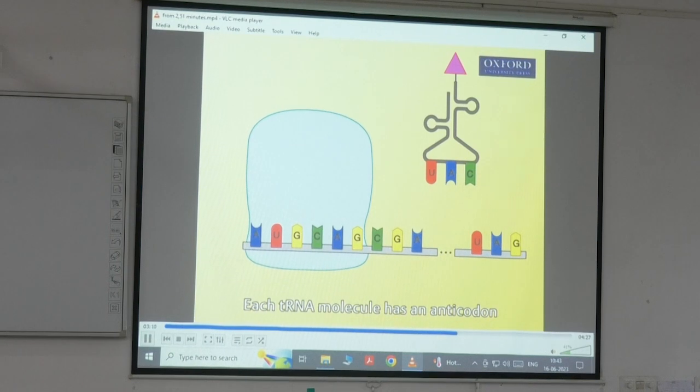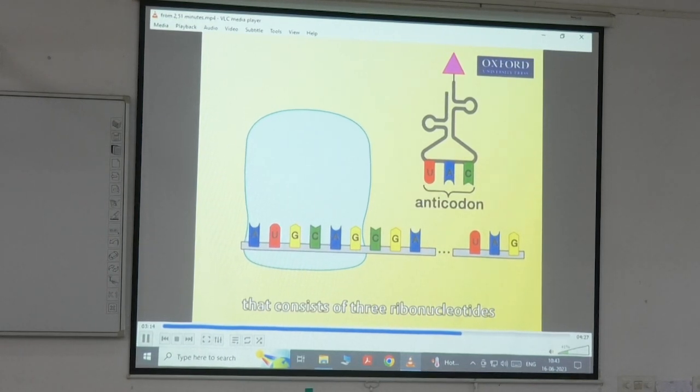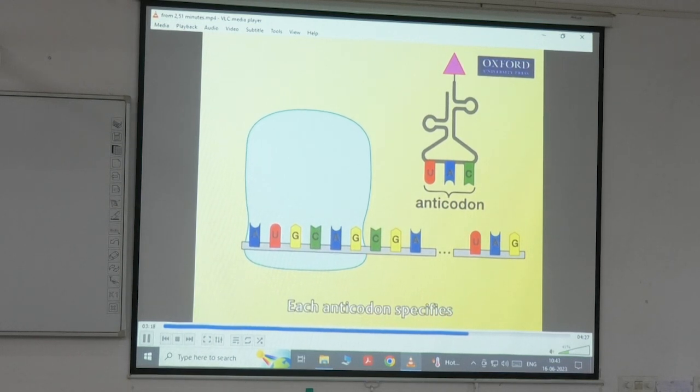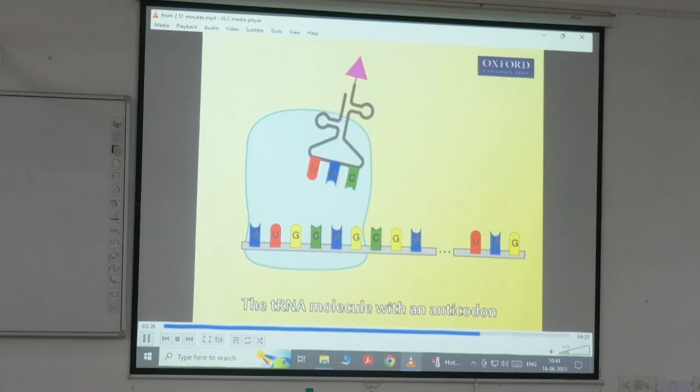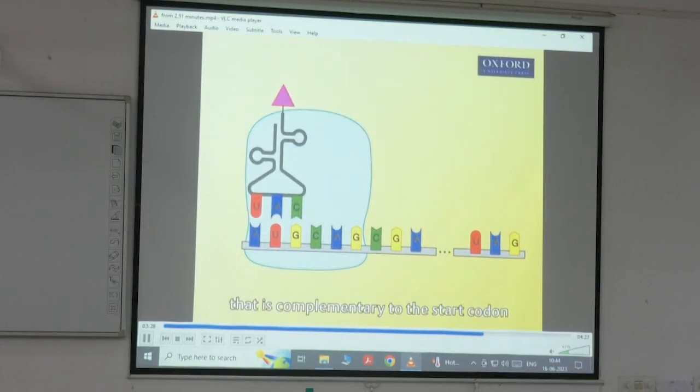Each tRNA molecule has an anticodon that consists of 3 ribonucleotides. Each anticodon specifies a particular amino acid. The tRNA molecule with an anticodon that is complementary to the start codon on the mRNA binds to the mRNA.